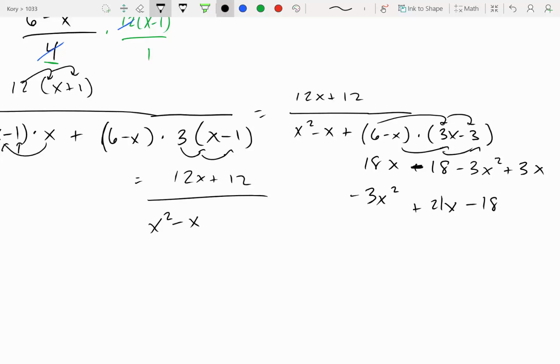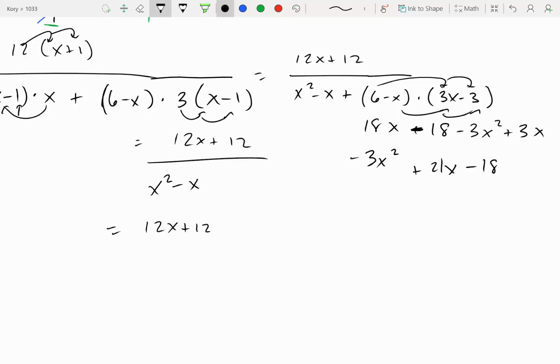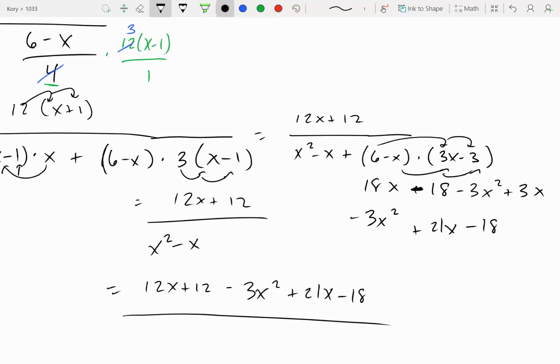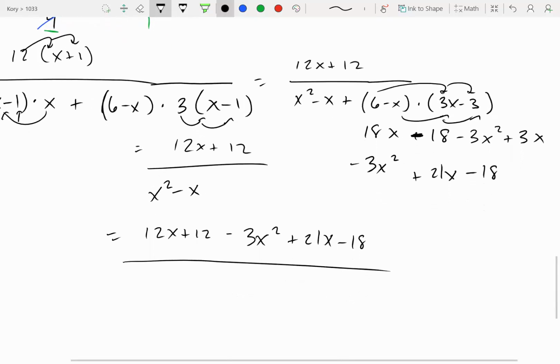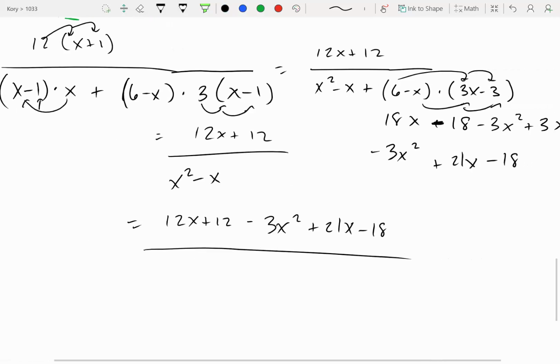So that's going to go back on top with our numerator. So we have 12x plus 12 minus 3x squared plus 21x minus 18, all over our denominator, excuse me, not our LCD. That is our denominator.